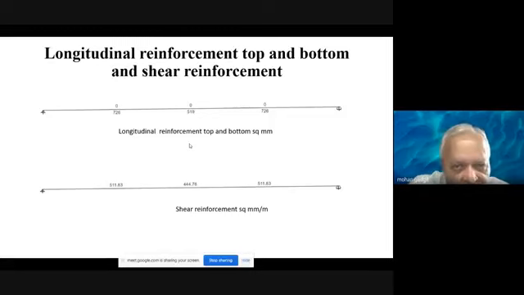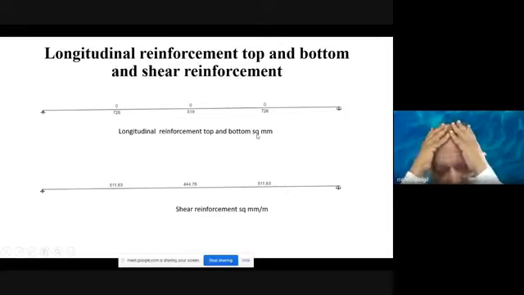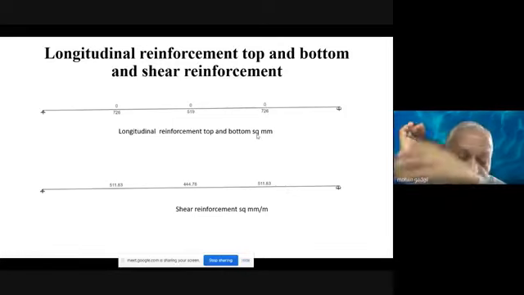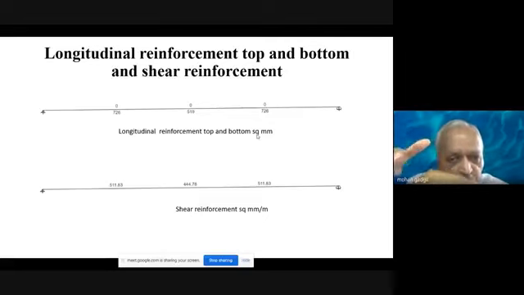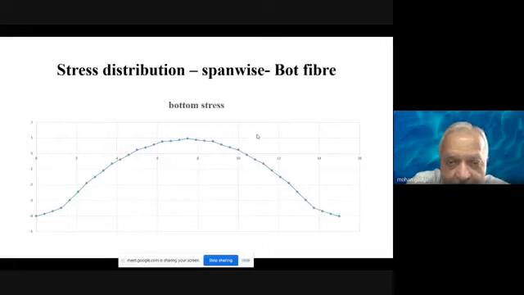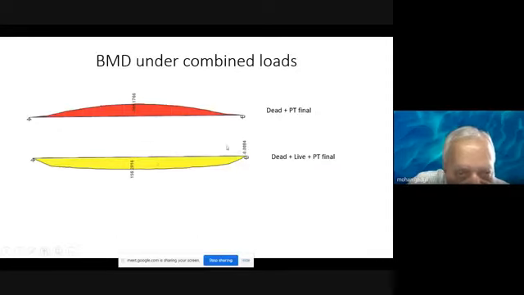There is additional design to be done, that is longitudinal reinforcement at top and bottom, because there is some tensile force developed. Though concrete is able to withstand that, we don't want to rely on that and want to still provide for balance moment, because we have seen in the earlier example that there is some moment at the midspan.